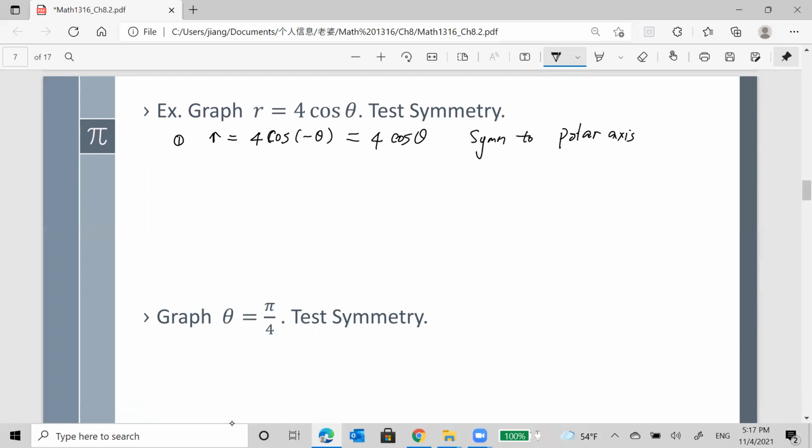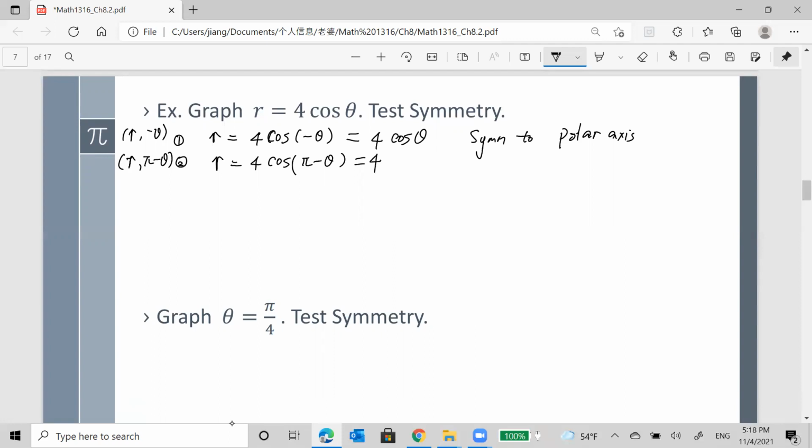Okay, and then let's see, is it symmetric to the line theta equals pi over 2? We can plug in r, pi minus theta, just like on the previous slide. Is this one equal to this one? Let's see.